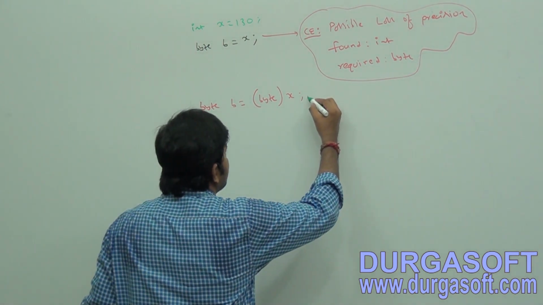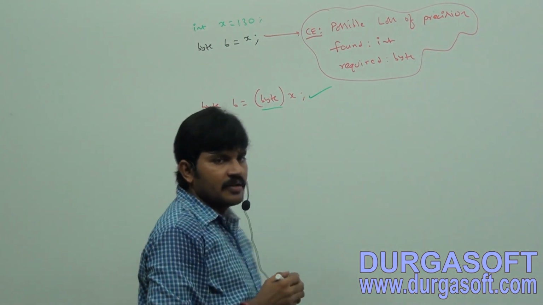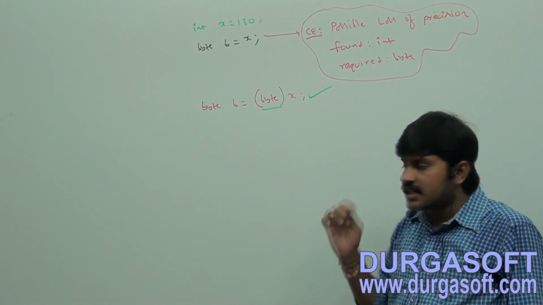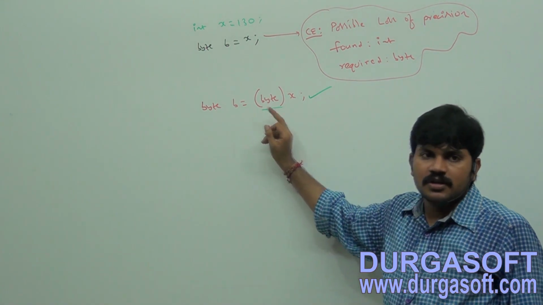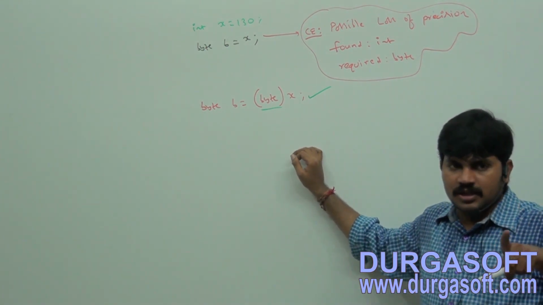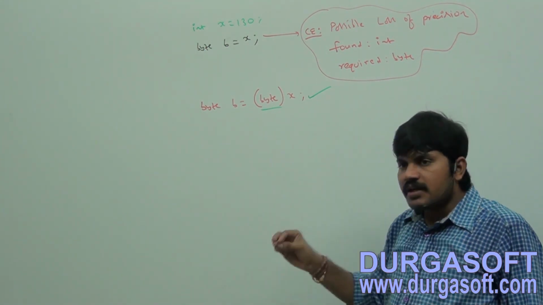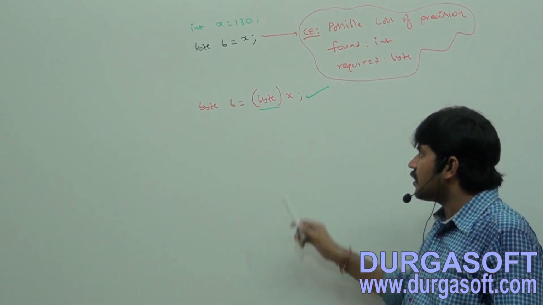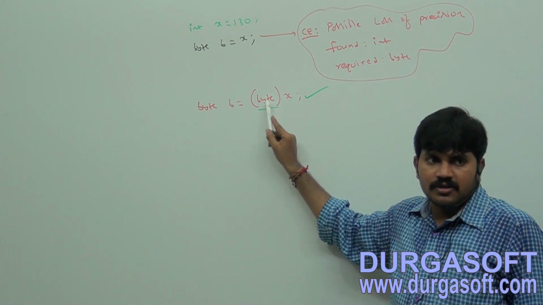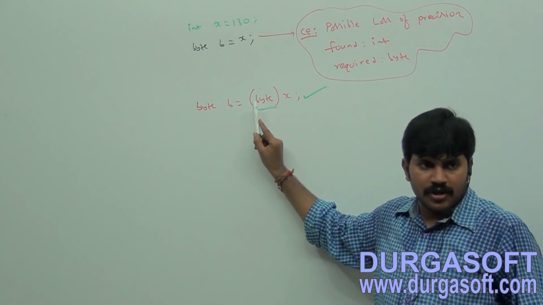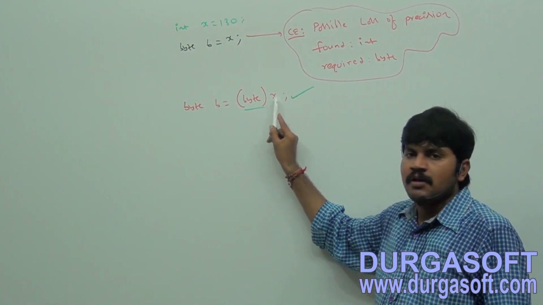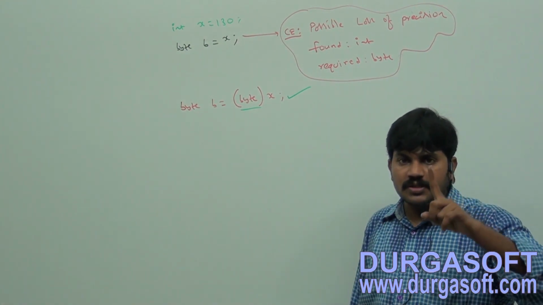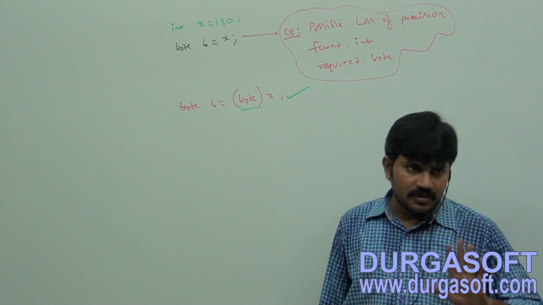Happily the code compiles fine. So the typecasting which is performed explicitly by the programmer is explicit typecasting. Explicit typecasting is required whenever we are assigning a bigger data type value to a smaller data type variable. Clear for all of you?